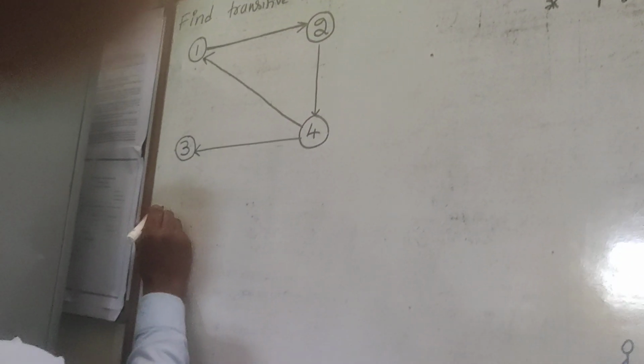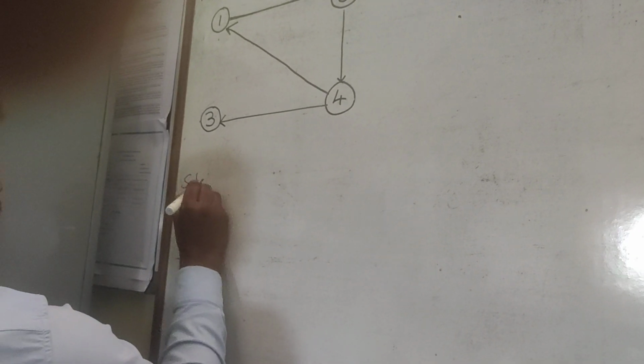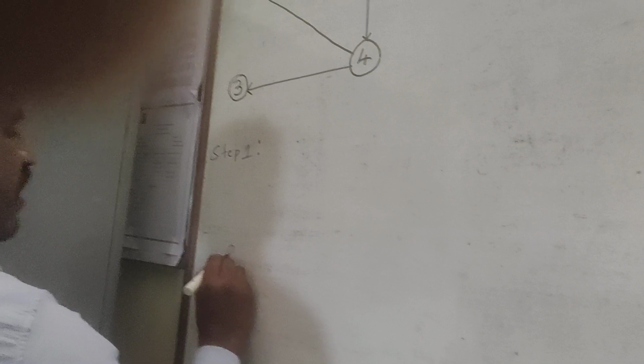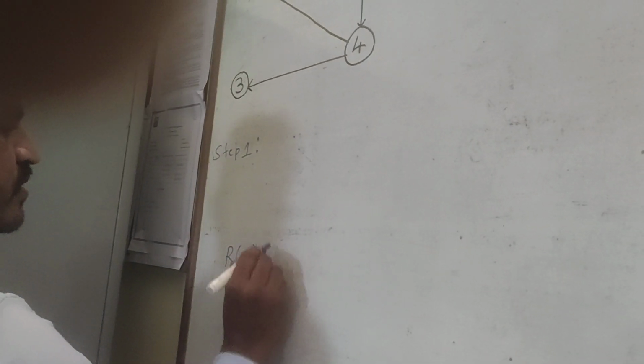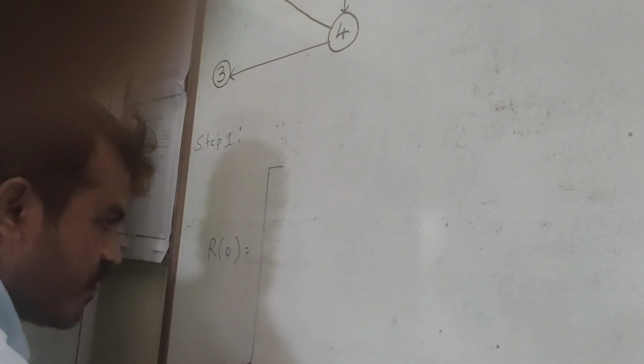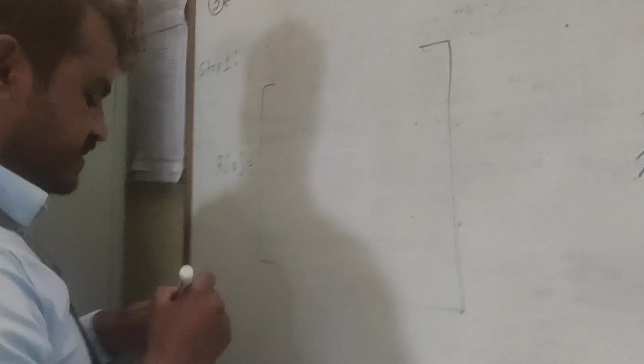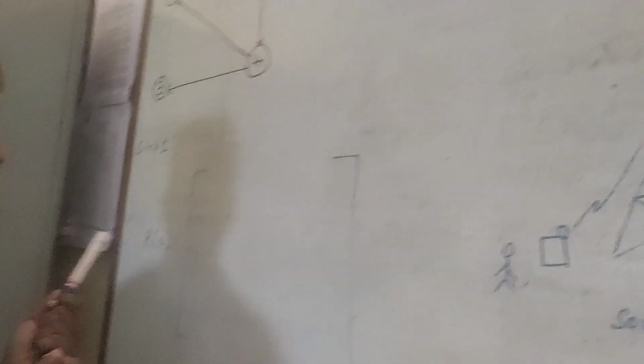First, step 1: you have to find R of 0. You have to write the adjacency matrix.